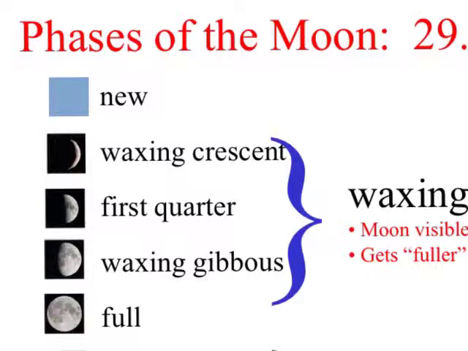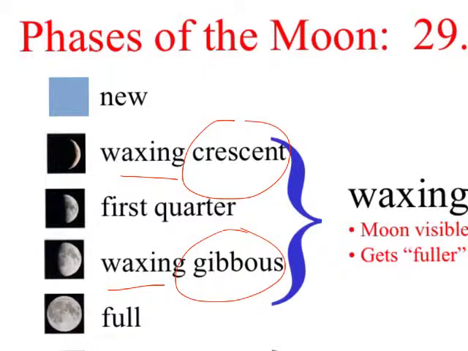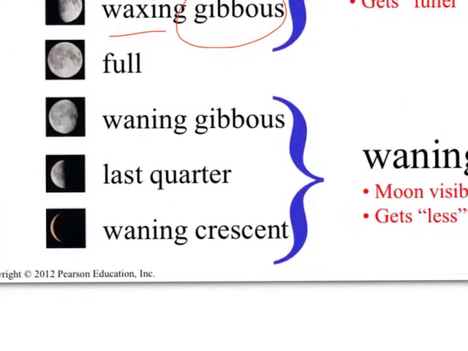We call these processes waxing. We use the term crescent if it's less than a quarter, and gibbous if it's larger than a quarter. And then after full, of course, we have a waning process. It'll be a waning gibbous first, and then a waning crescent, which between is a last quarter.